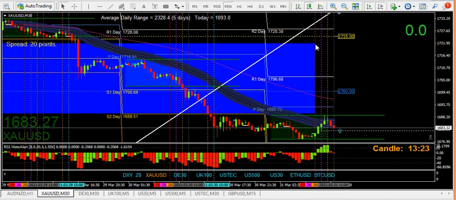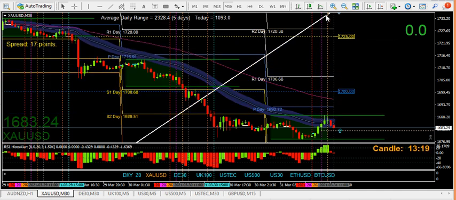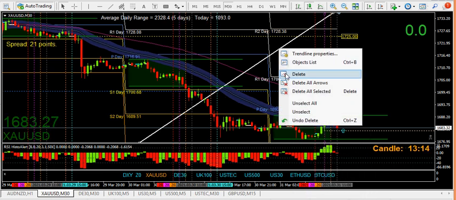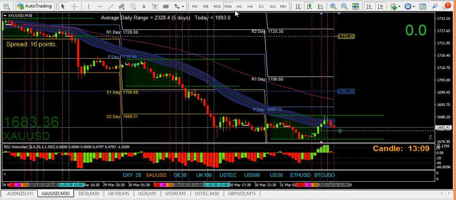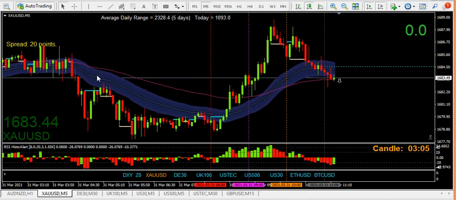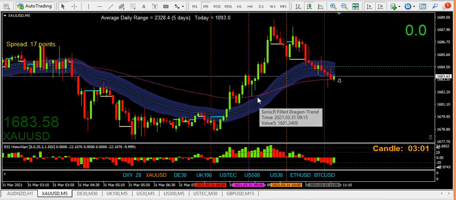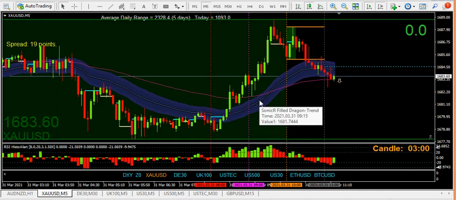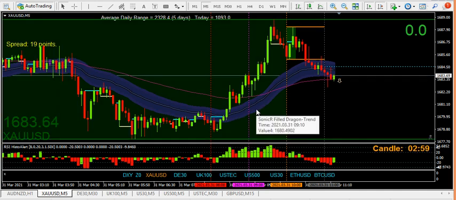I think I'm trying to get rid of that blue box. So gold was a long trade this morning on the 5-minute chart, and you can clearly see now how this gives you a visual indication of what you should be doing.